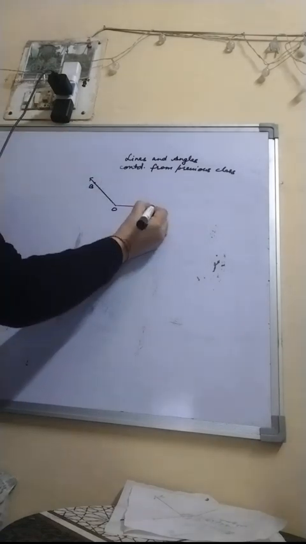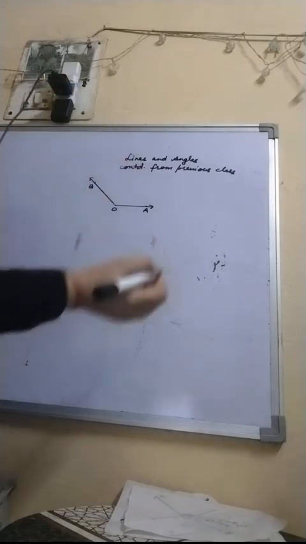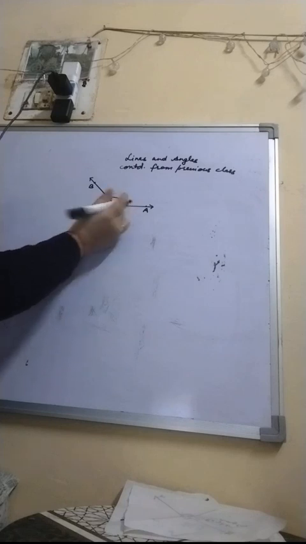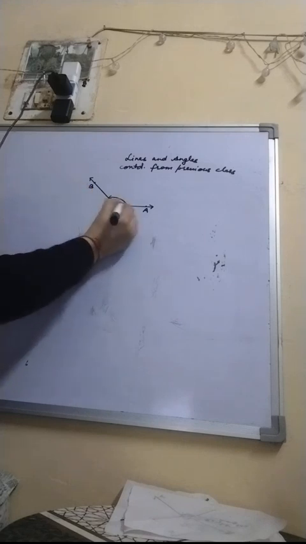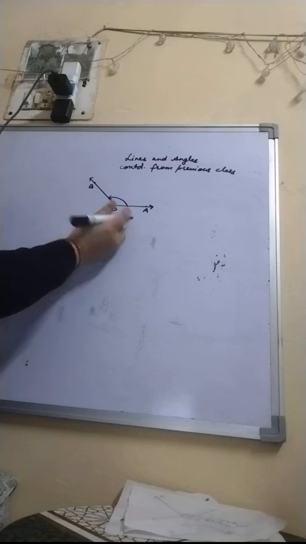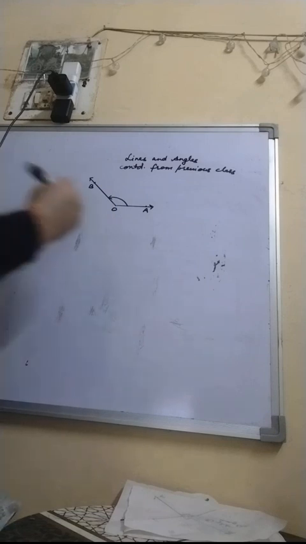Now here OA is the ray and OB is the second arm of the angle. If I start from OA and go till OB, see the direction of the ray would tell you in which direction you have to turn. Understand this line?